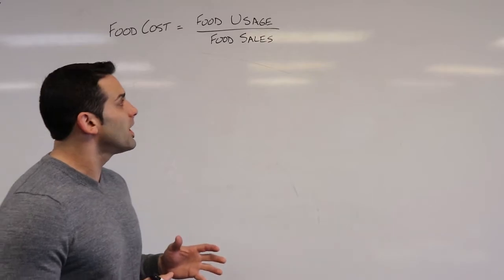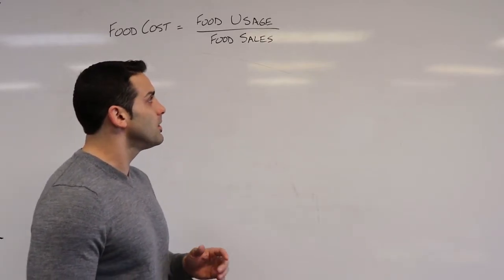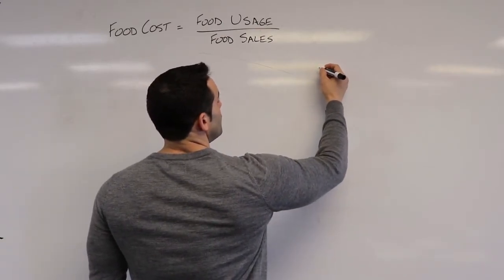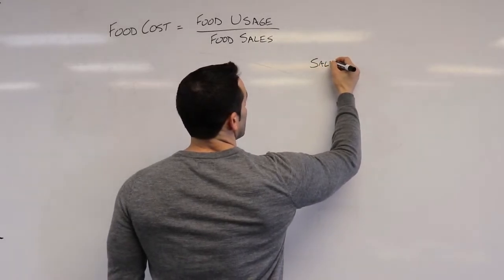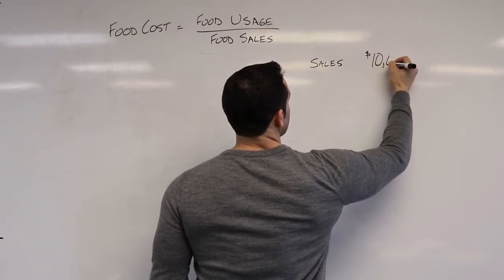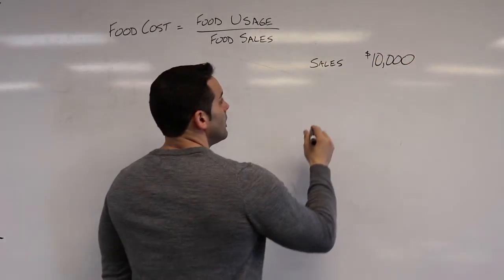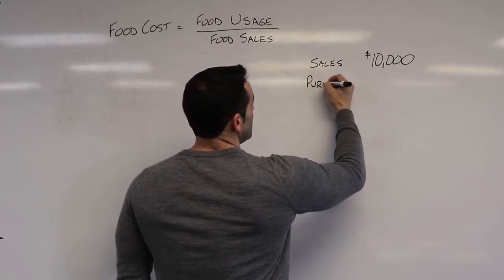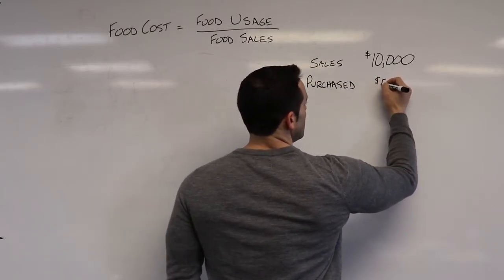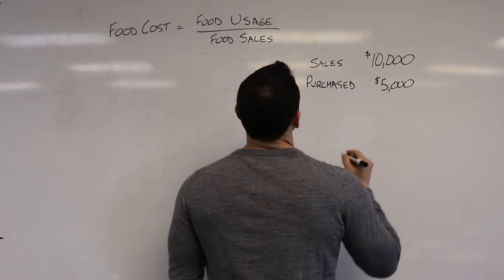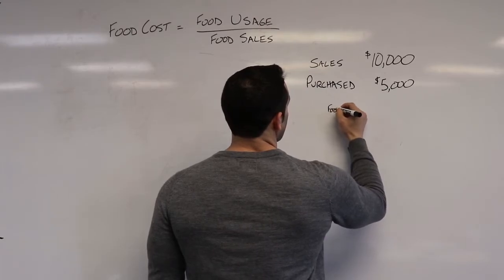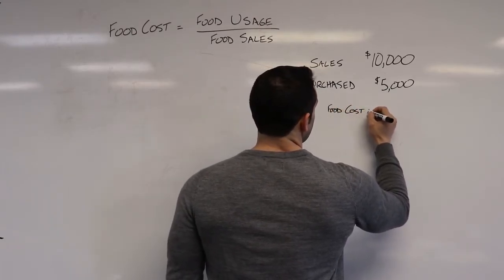The reason why this is a little deceiving, and I'll give a similar example to one we used in our simplified lesson, is if we have food sales of $10,000 this week, and during that same time period we purchased $5,000 worth of food, this suggests that our food cost would be 50%.